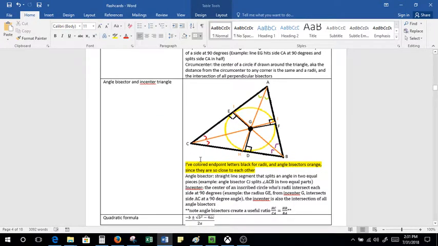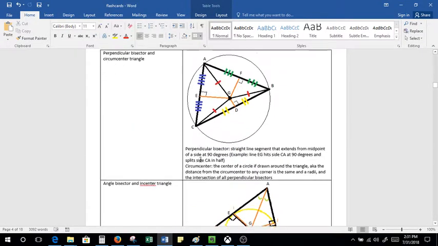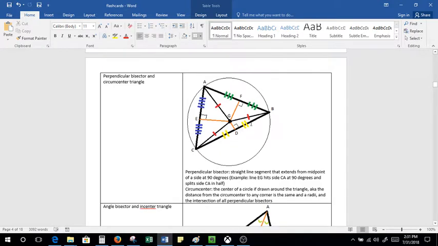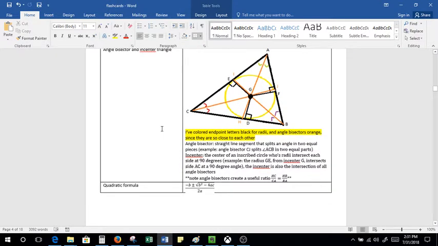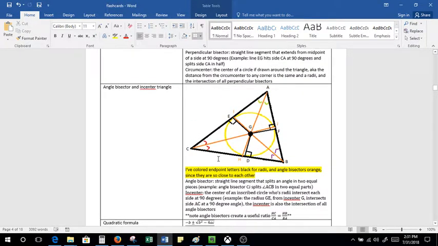Angle bisector. So instead of the perpendicular bisectors here, which were splitting each side at a 90-degree angle, this is splitting the angle. So an angle bisector is a straight line segment that splits an angle in two equal pieces.